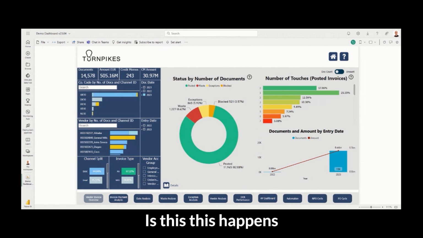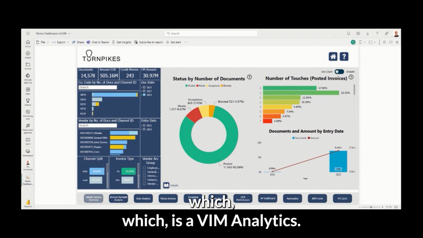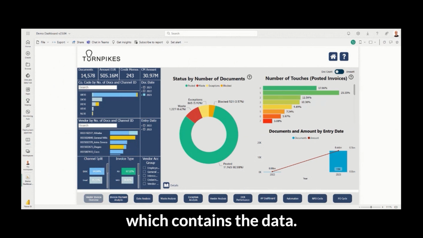Yes, this happens quite often, simply because, again, Vim is a very good product, but we do have one operational report, which is Vim Analytics, and then we have a lot of different tables which contain the data.